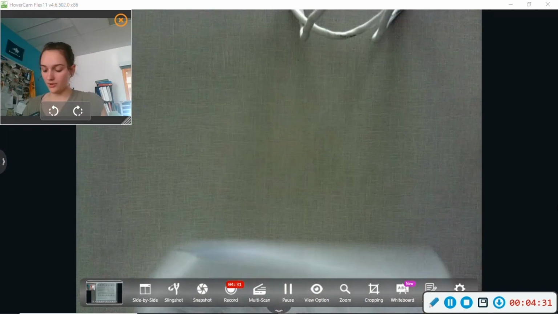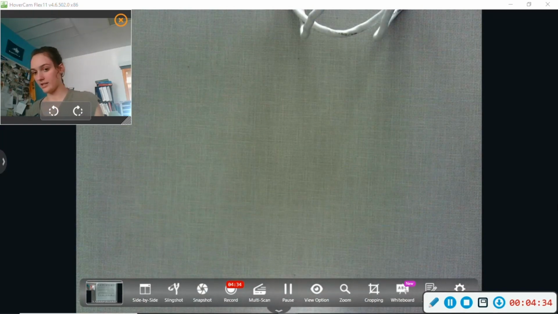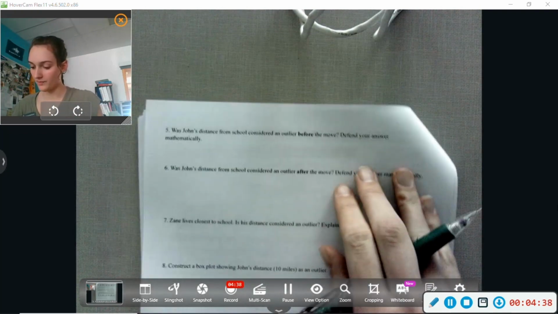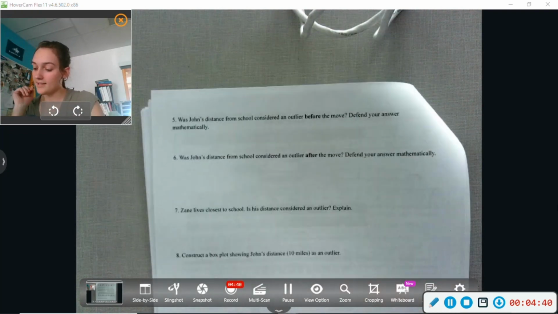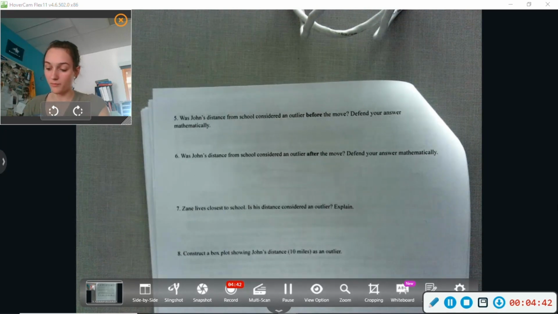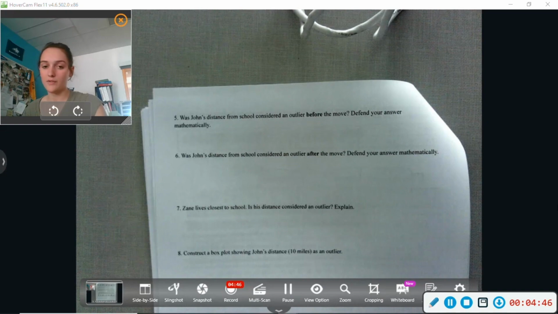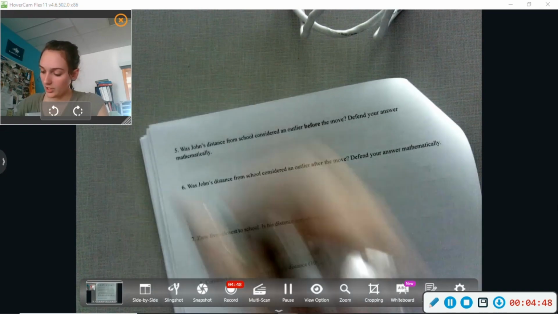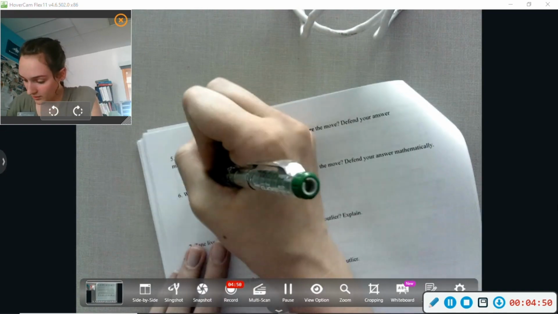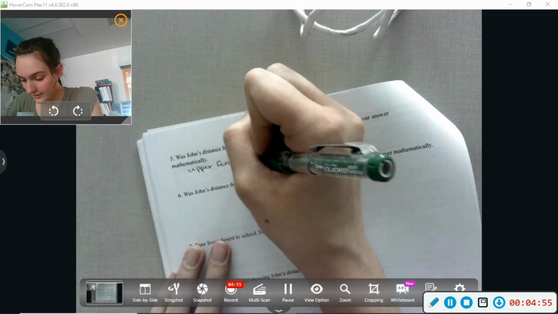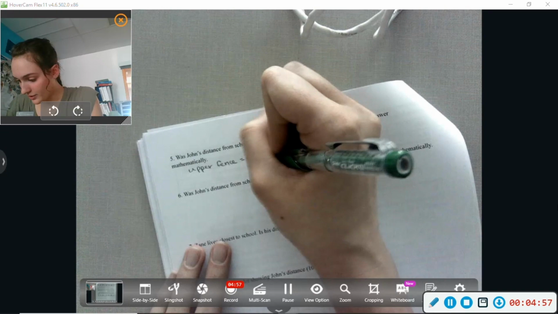Alright, so now if we go ahead and take a look at the next page, we have some more questions. Okay, so was John's distance from school considered an outlier before the move? Defend your answer mathematically. Well, we kind of already talked about this, right? Because we found that the upper fence in this case was 9.25, right?